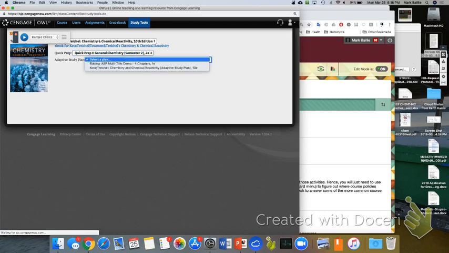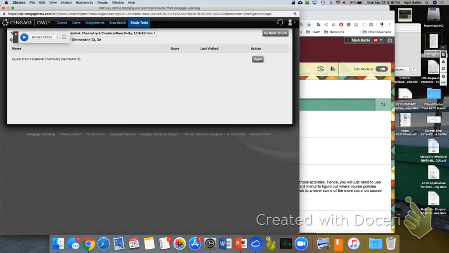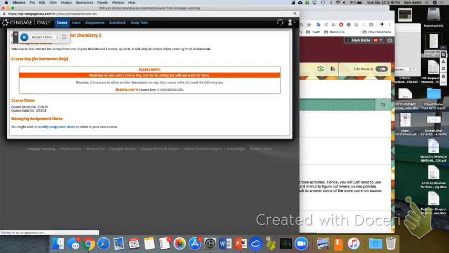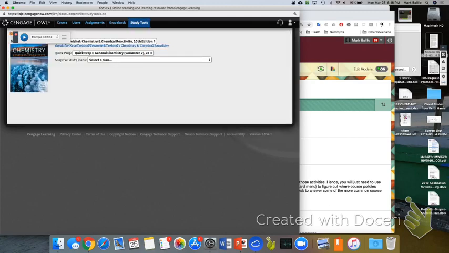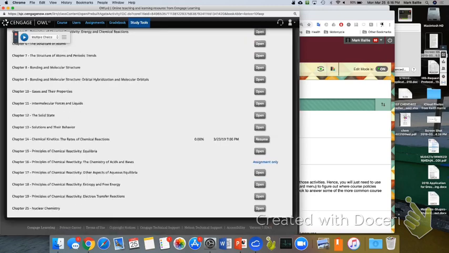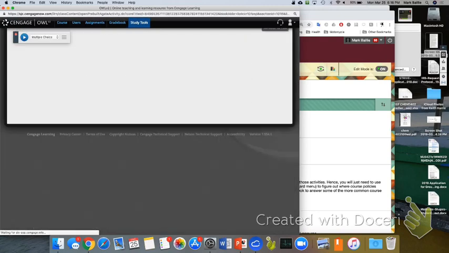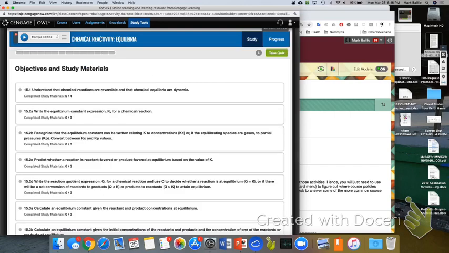So in study tools, there's this study plan for our book. And then you can go in chapter by chapter, and you can practice. These are the adaptive study plans, but here it gives you access to them as a not graded component.